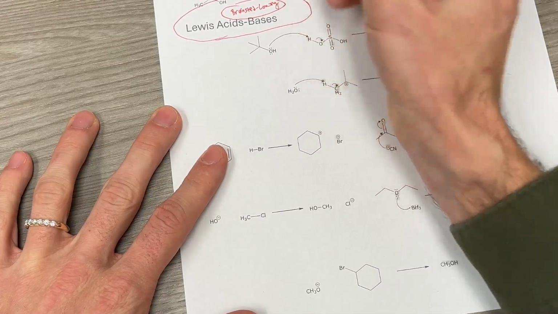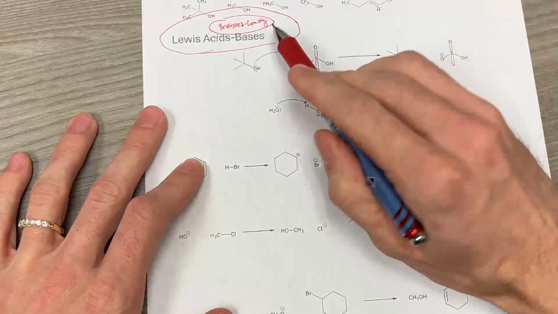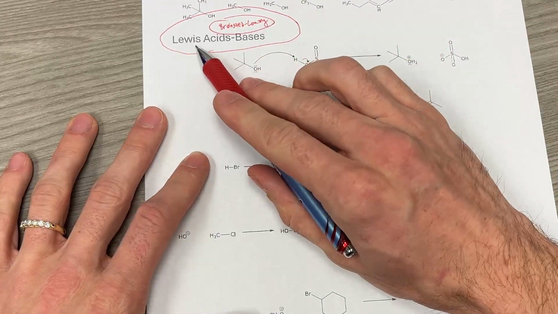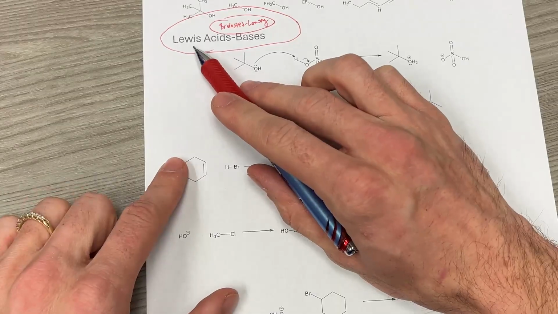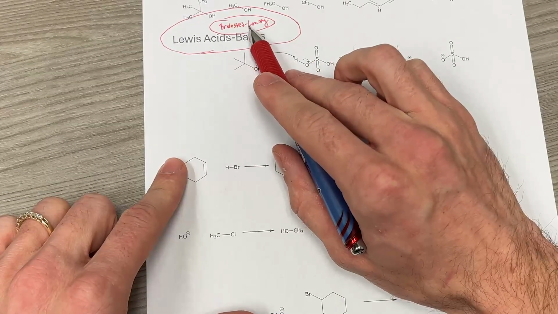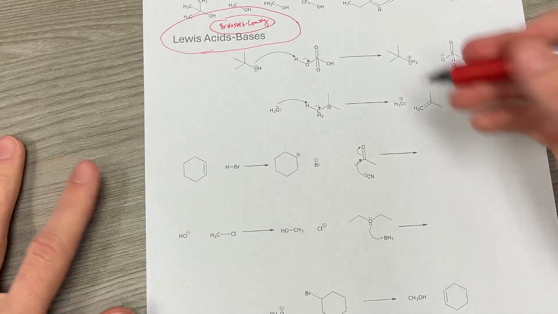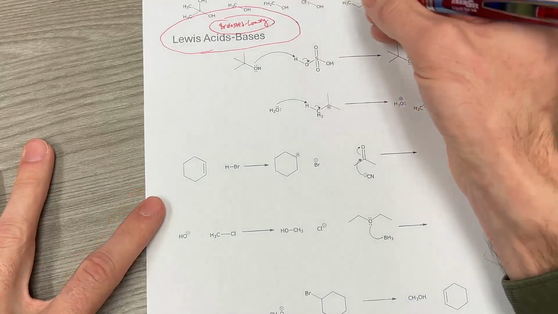This is like rectangles and squares. All Bronsted-Lowry acids and bases are Lewis acids and bases, but not all Lewis acids and bases are Bronsted-Lowry acids and bases.